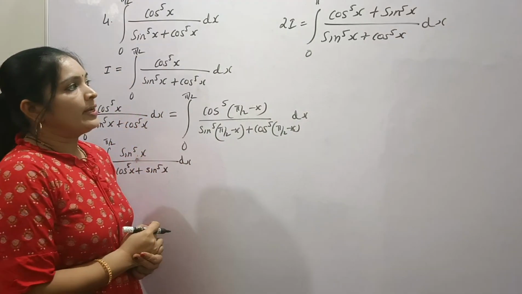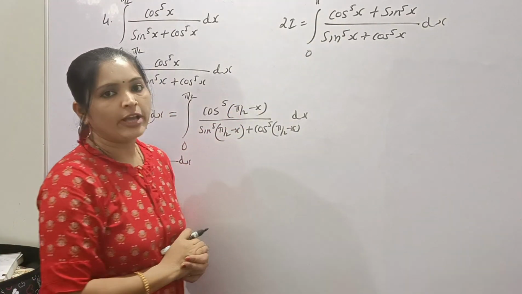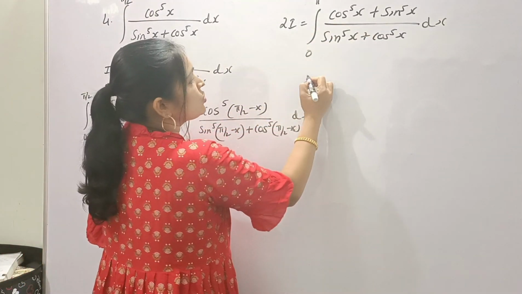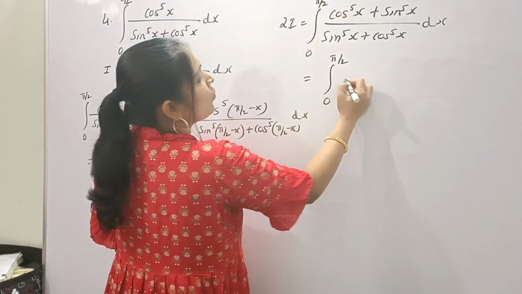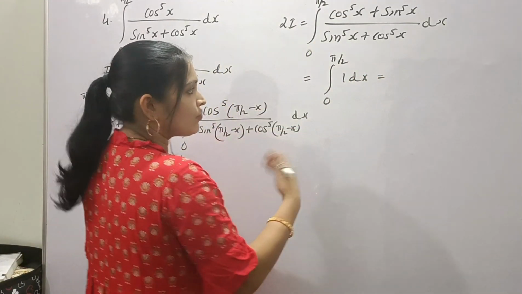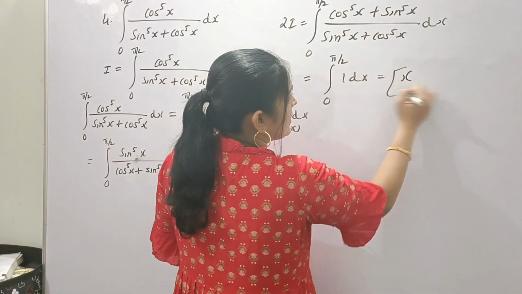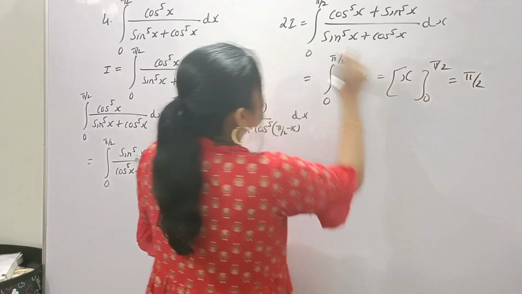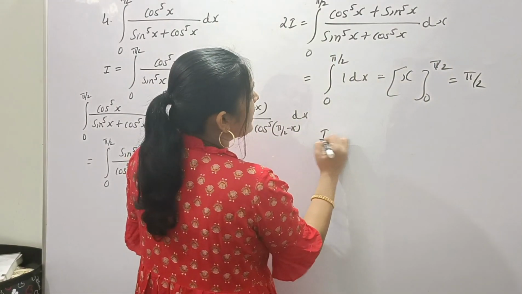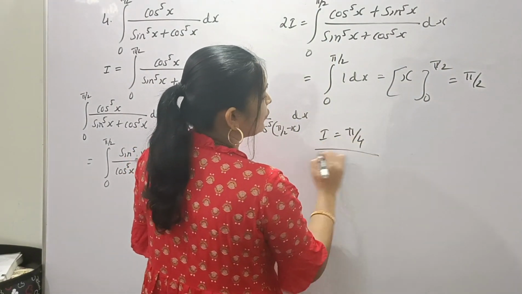So here, see, value is 1, right? So this integral 0 to pi by 2 1 dx, integral of 1 dx is x, 0 to pi by 2, that is equal to pi by 2. So 2I is equal to pi by 2, I is equal to pi by 4.